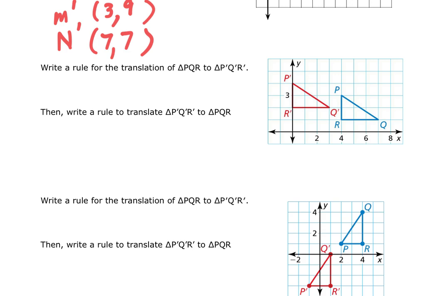So we are going left 4, up 1. Okay, if we write a vector rule for that, there's a couple of different ways that this could be written. The vector component would be negative 4, 1. That tells us how far we moved.